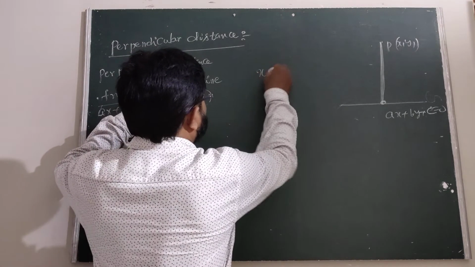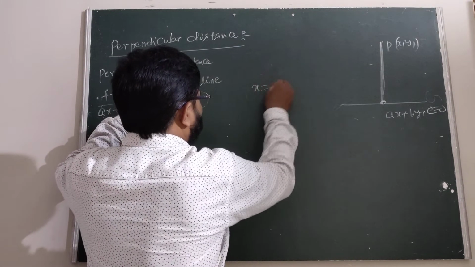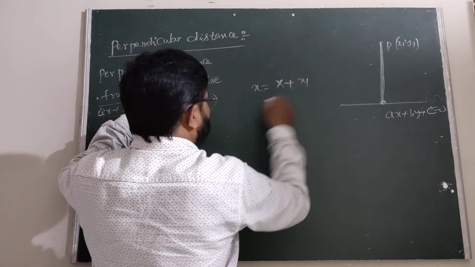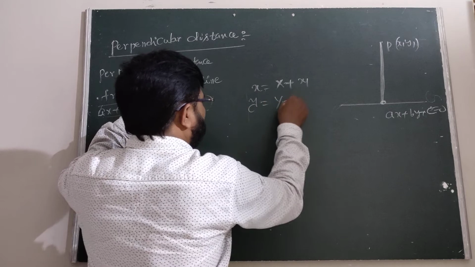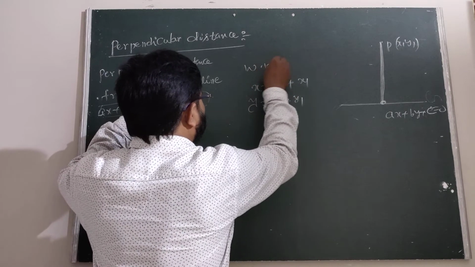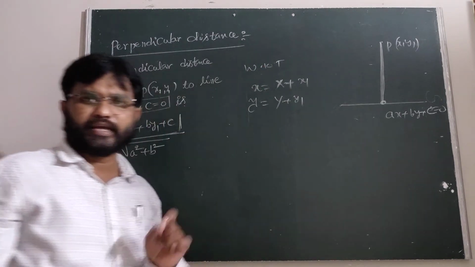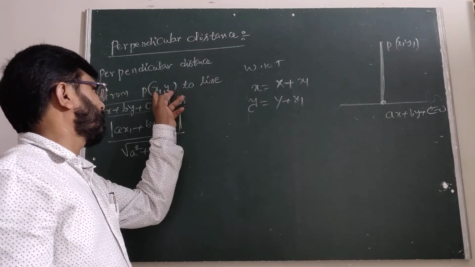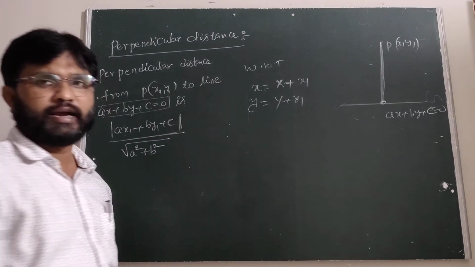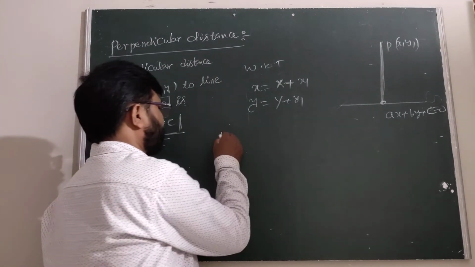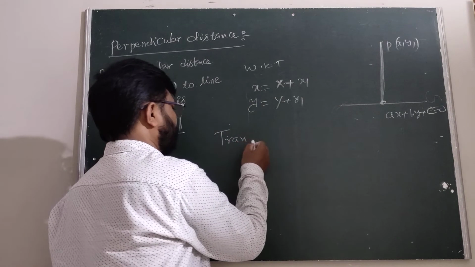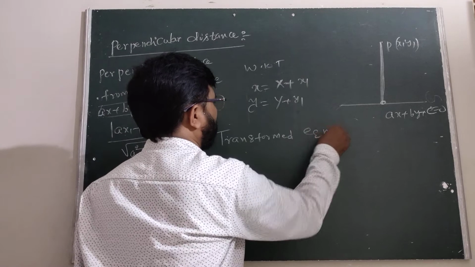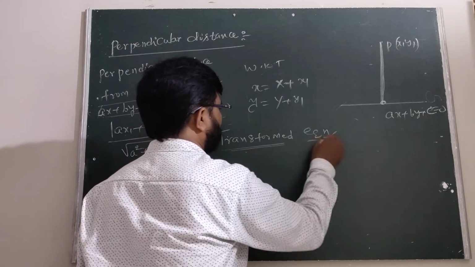Then we can write small x equal to capital X plus h, where h is x1, and small y is capital Y plus y1. We have to know that by the translation of axes, small x equals capital X plus h, where h comma k are x1 y1. Now all of you listen here, the required transformed equation.